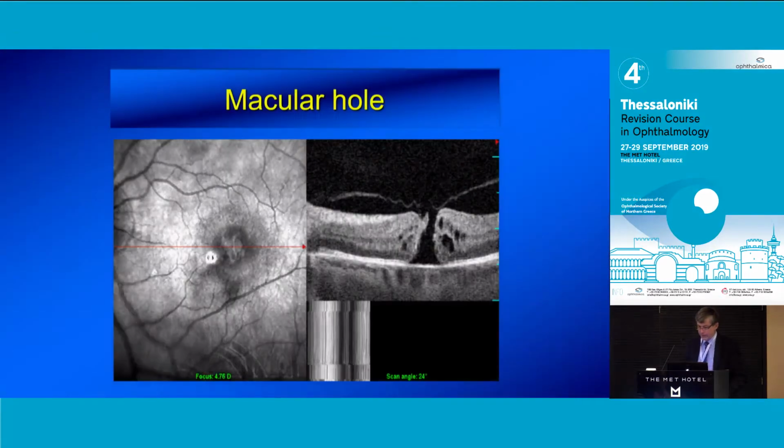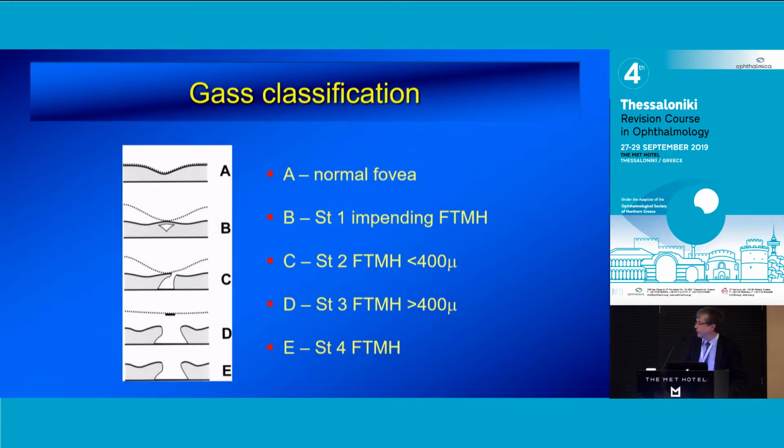We all know what a macular hole looks like. It's caused by a combination of antero-posterior traction from the vitreous and centrifugal tangential traction from the ILM. We've probably heard of the Gass classification. Stage 1 hole, where you've got a little bit of elevation of the fovea.